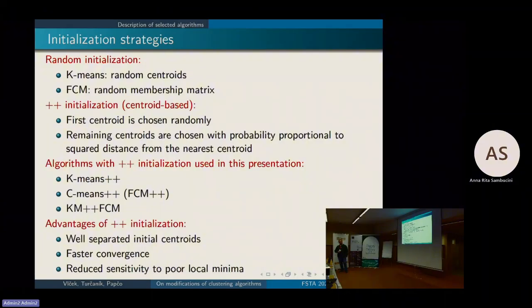So from the basic three algorithms, we have another three, but the difference is only in initialization: k-means++, c-means++, and k-means++ FCM. Advantages of this initialization are well-separated initial centroids, faster convergence, and reduced sensitivity to poor local minima.